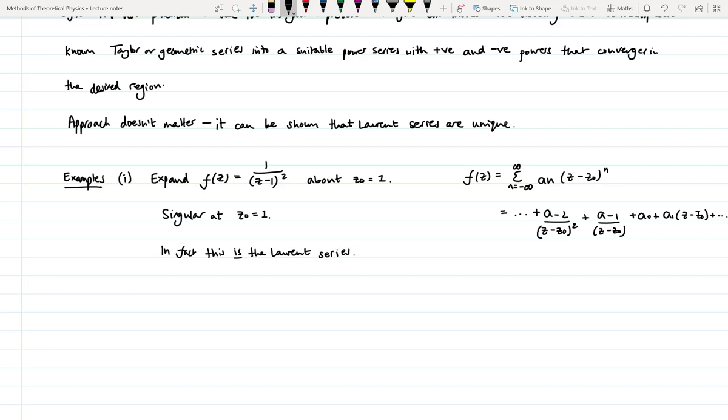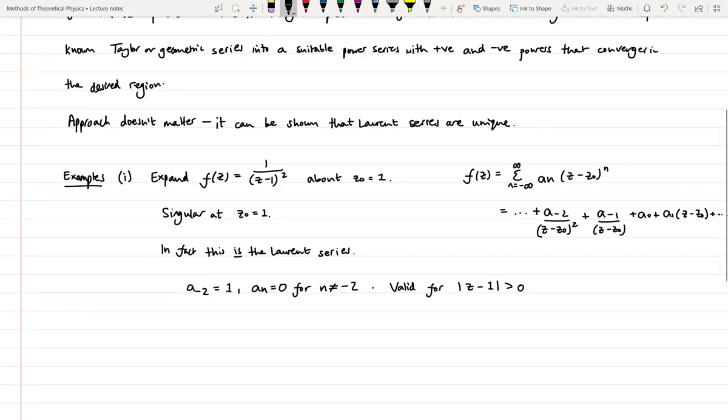The only non-zero coefficient is a_minus2, which is given by 1. All the other coefficients are 0 for n not equal to minus 2. And this expansion is valid for any z with |z minus 1| greater than 0. So that was quite a trivial example.